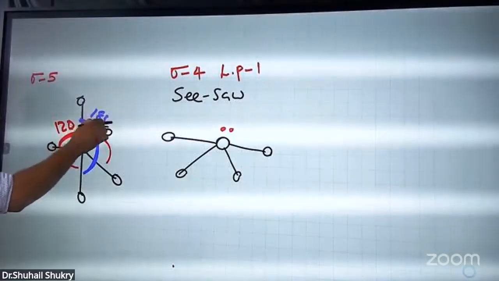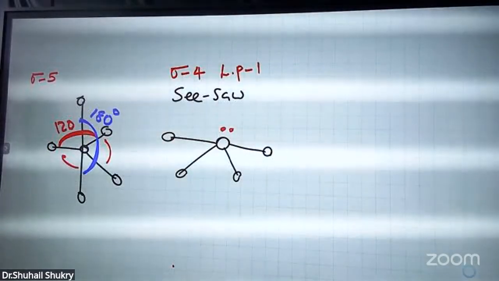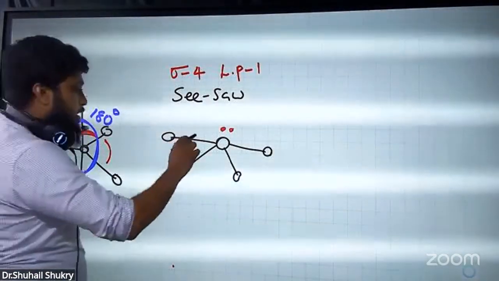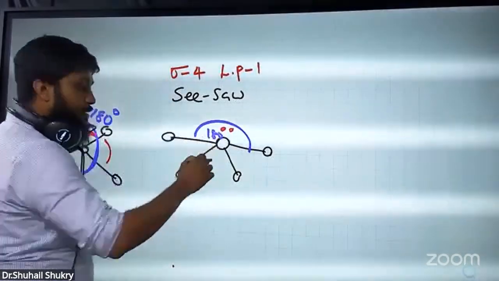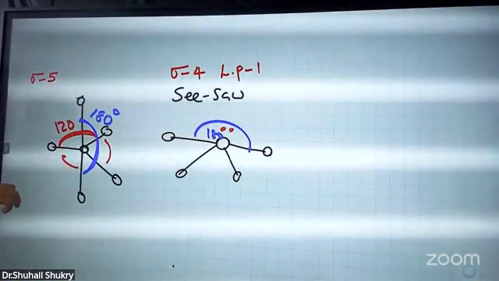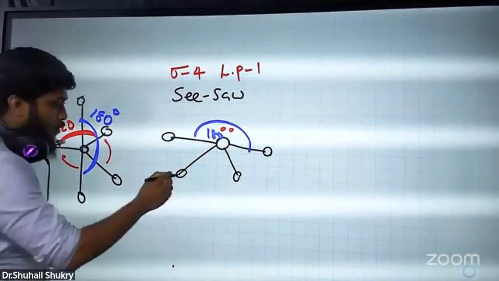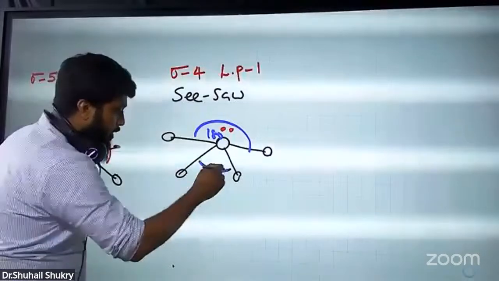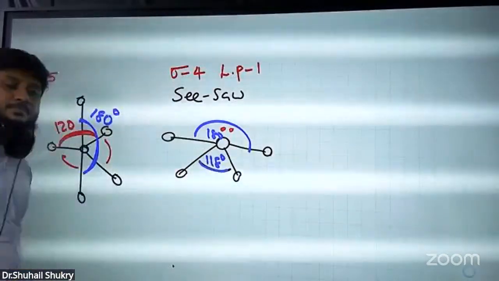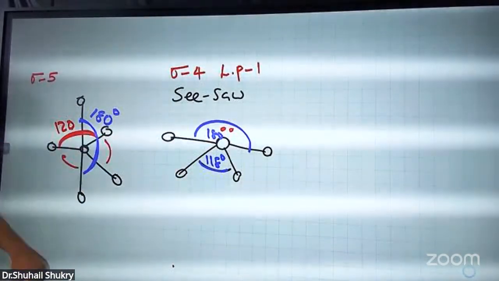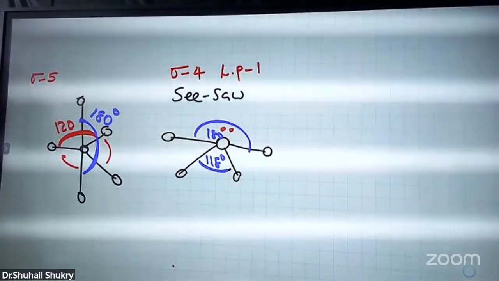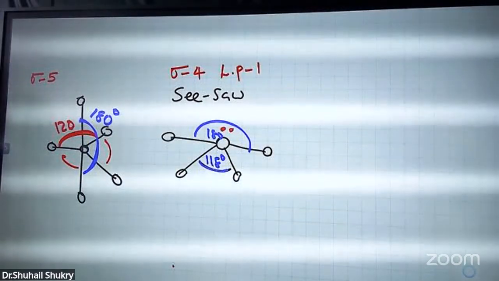Blue is 180. So it is actually like this. Then this 180 line stays as it is. Then what will happen if I remove this? This will reduce this one. Then between this, how many degrees? 118 degrees. Can you understand? Easy ways to get these things. Okay. Right.